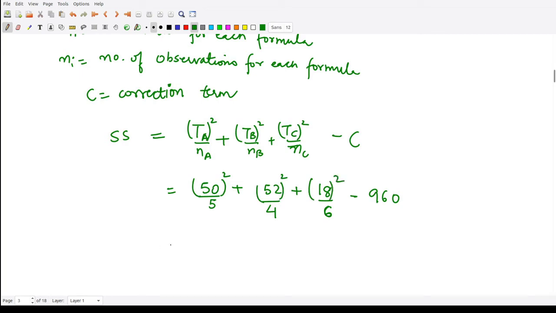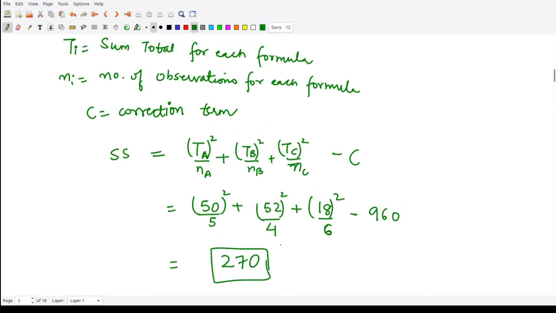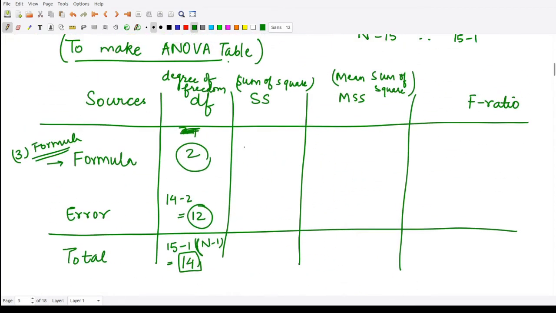When you solve this, it is equal to 270. So this is the value that you got, and you will write it over here.